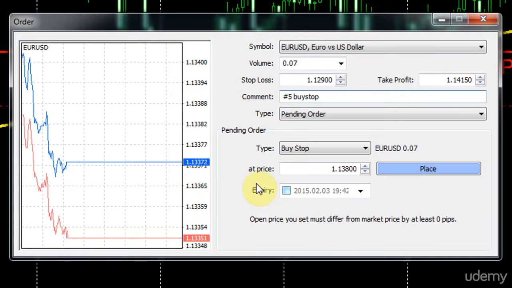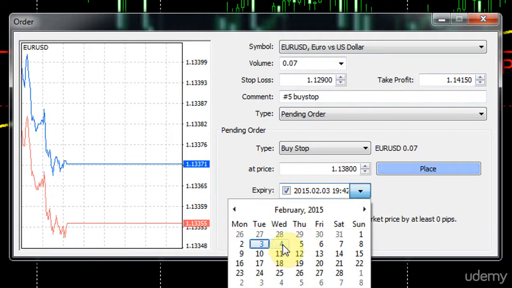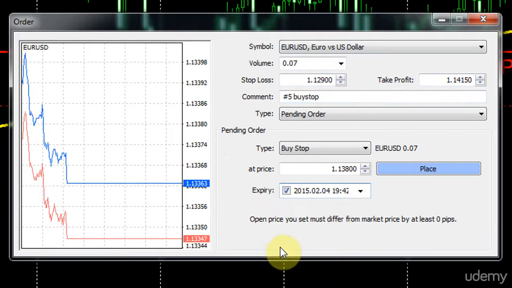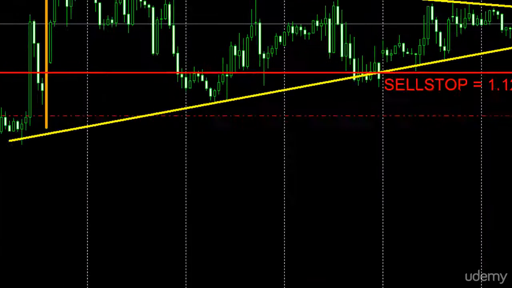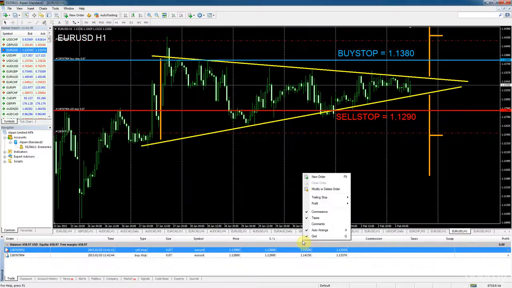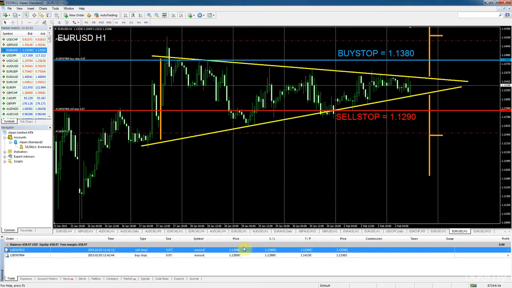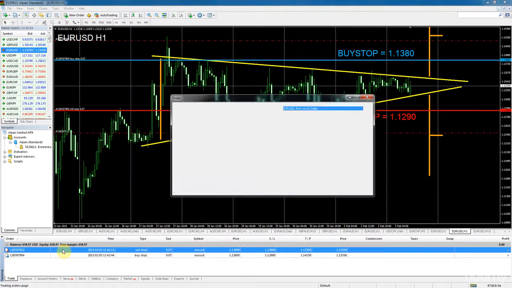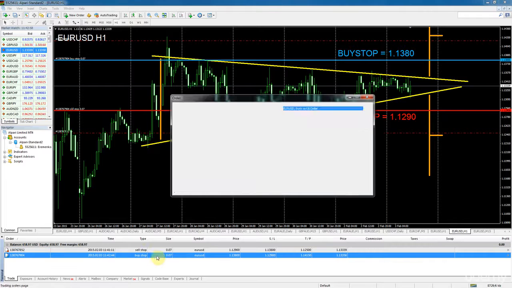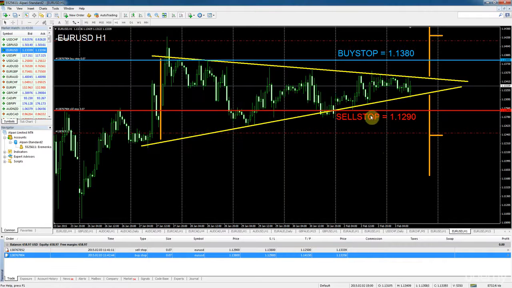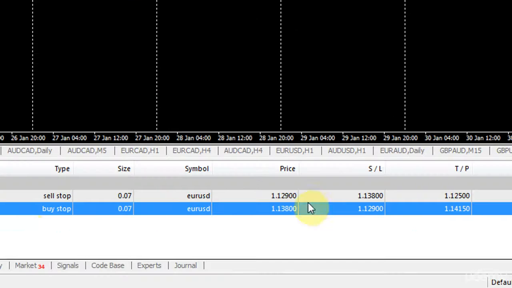And expiry date, same thing. We'll let it expire tomorrow. Place. Okay. If you want to see the expiry date, then you have to double click on the order and just check the expiry date, 2nd of 4th. Perfect.